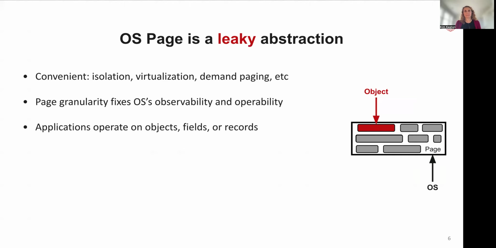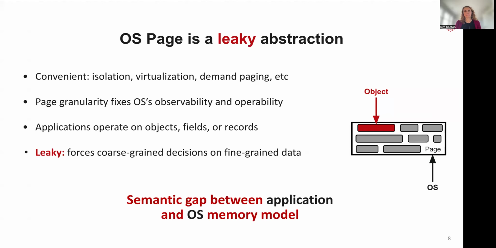But as you all know, applications operate at a different granularity altogether: objects, fields, and records, because you call malloc and new and so on. So this abstraction seems to be leaky because it forces these coarse-grained decisions on fine-grained data. And this semantic gap between the application and OS memory model has existed for the last 6 decades.